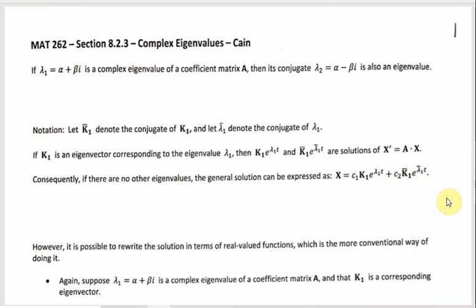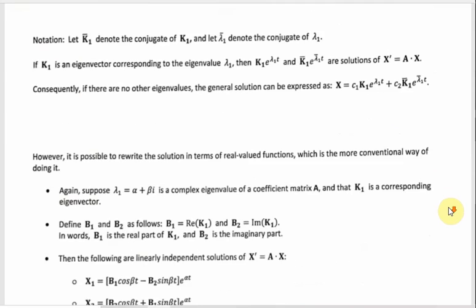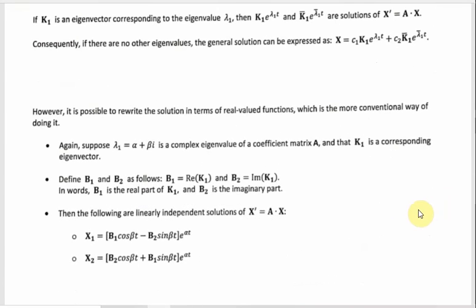So you could write it that way, but that would be like in chapter 4 when we had complex roots not using cosine and sine. It's the equivalent of that. So the more conventional thing to do there is to use cosine and sine. That's also the more conventional thing to do here, although the way that you get there has got sort of an extra step.